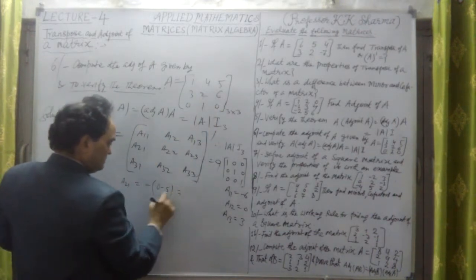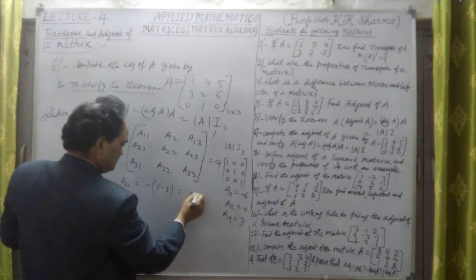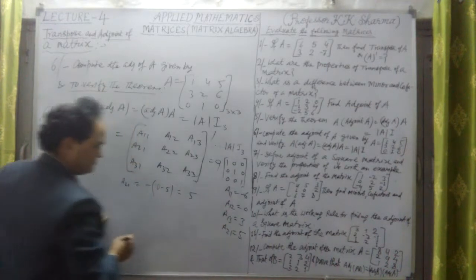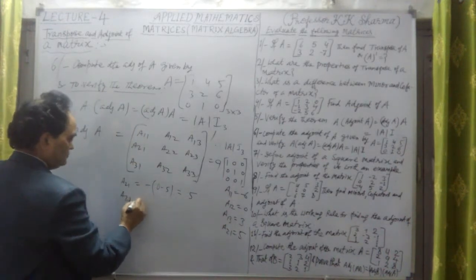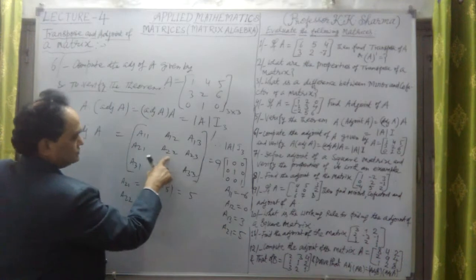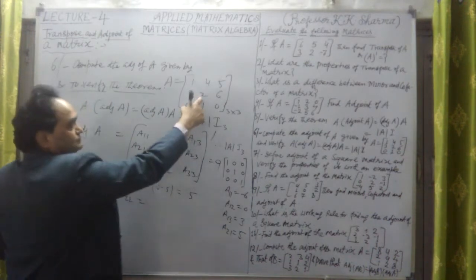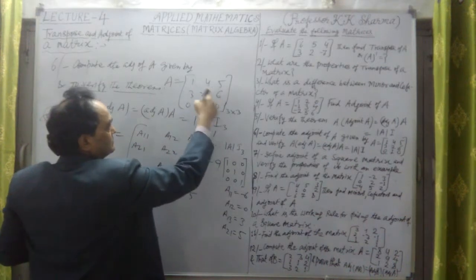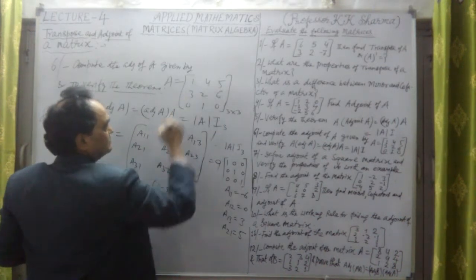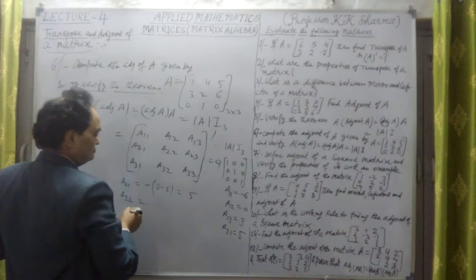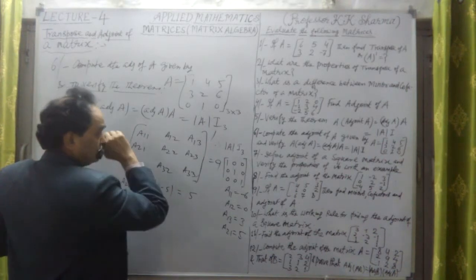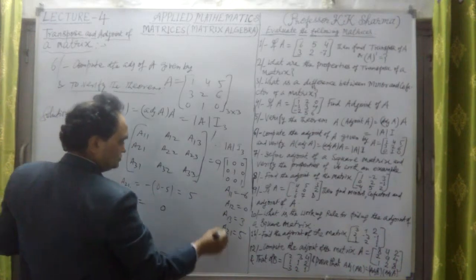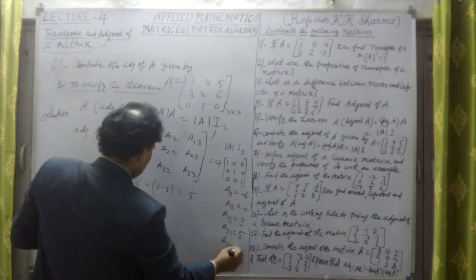Minus minus is plus, so A21 is equal to plus 5. Now A22 is the cofactor of 2. Leaving this row and column, it is 1 into 0 and 5 minus 0, so it is 0 here. A22 is equal to 0.